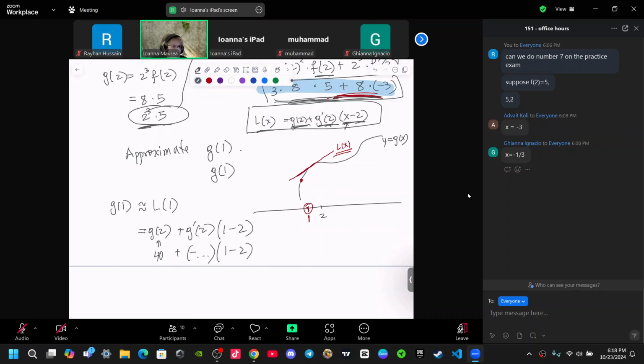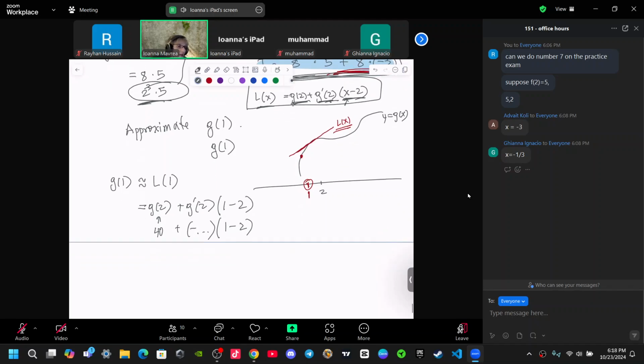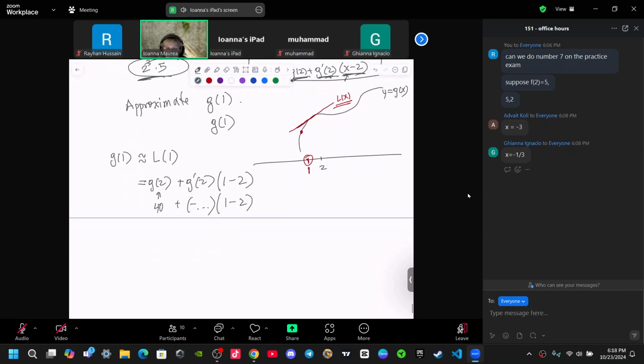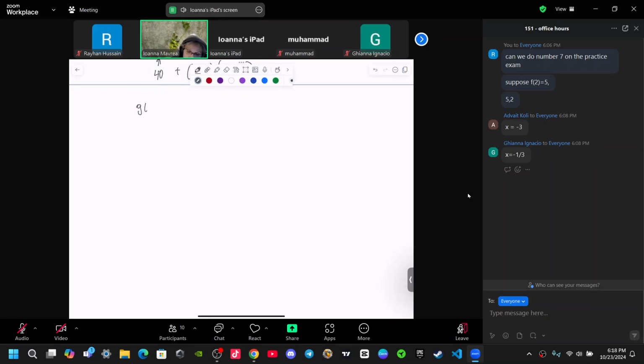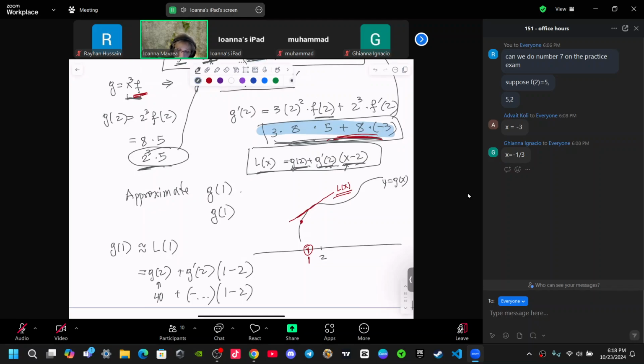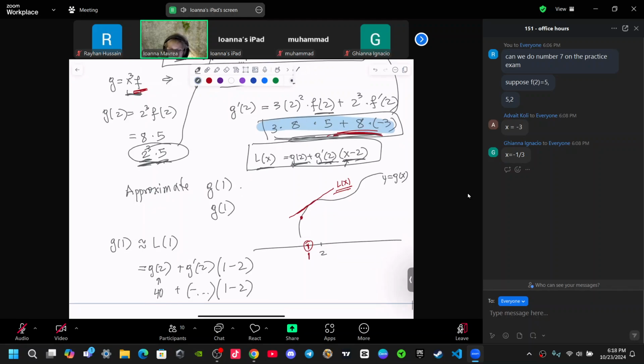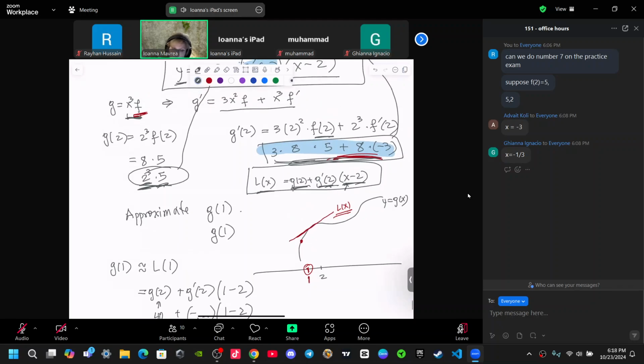Oh, there's more to the question. So the other question was, again, it's all about functions and their inverses. So I have g of 2 is 40. So 8 times 5 is 40. So g prime of 2, unfortunately, we're going to have to find that.